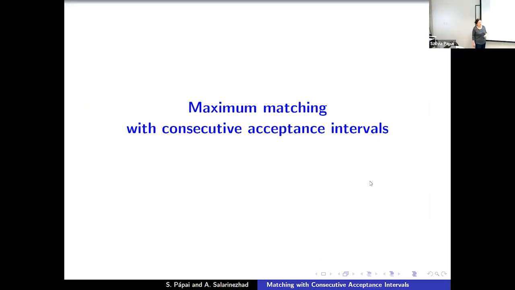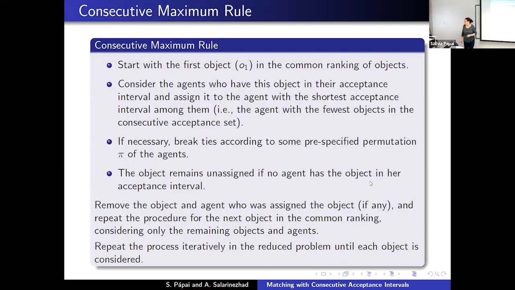Okay, so first, maximum matchings with consecutive acceptance intervals. Here is a rule which gives us a maximum matching at every acceptance profile. We start with the first object in the common ranking. And by the way, it's very intuitive, I hope.